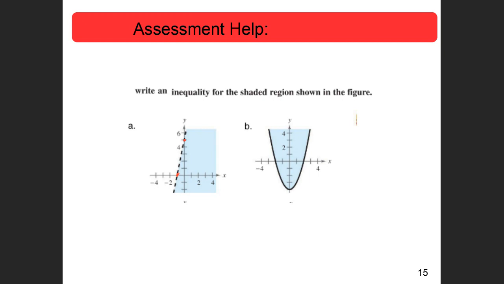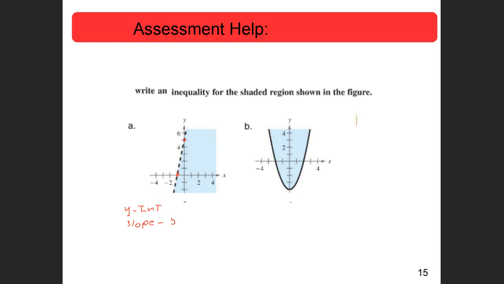Neither of you guys? Okay, so if I was going to write a linear inequality for the first graph, what do I need to know? I need to know the y-intercept. And I need to know the slope.